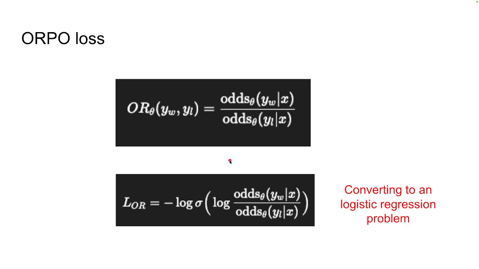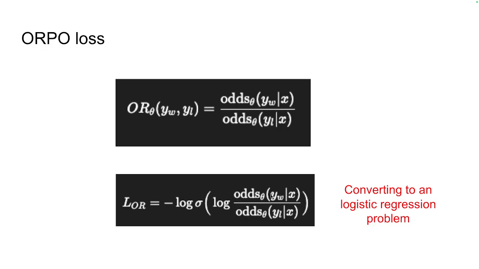So there is a 4 is to 1 chance of this event happening, and this is the odds formula. The ORPO loss is basically taking the odds of the winning response and the odds of the losing response, and converting it into a logistic regression problem, with the sigma of the log of this odds ratio, where it is trying to increase the probability of the winning response as compared to the probability of losing.